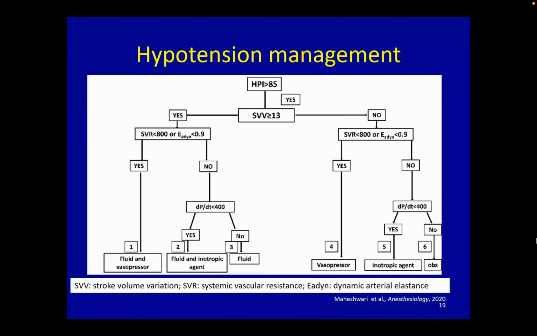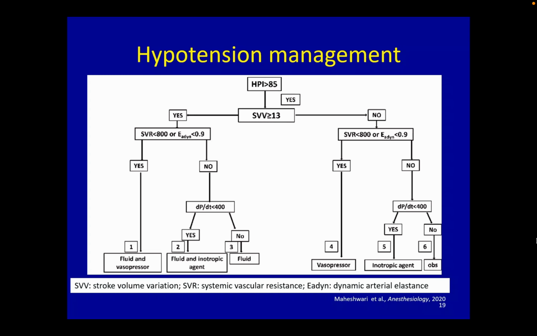If the stroke volume variation is higher than 13, then the parameters indicating the afterload, including systemic vascular resistance higher than 800 or dynamic arterial elastance lower than 0.9, will be identified. If the intraoperative hypertension resulted from hypovolemia and low afterload, crystalloid will be administered.